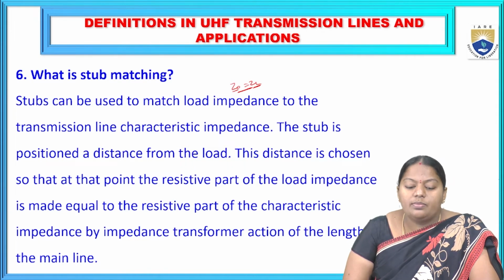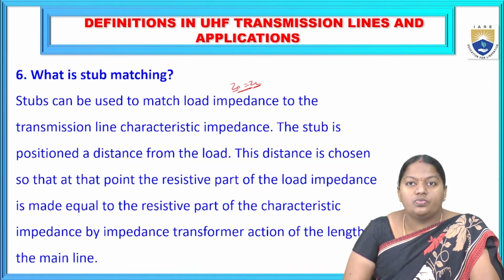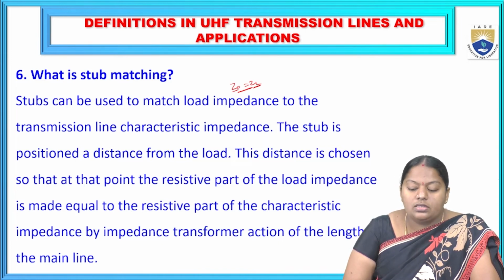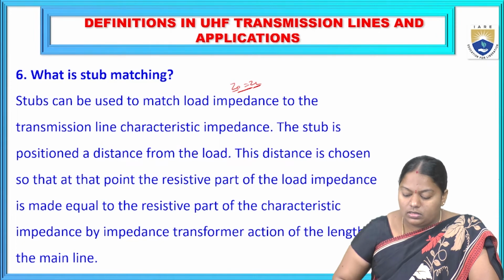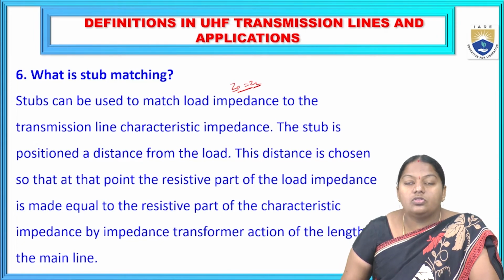Stubs can be used to match load impedance to the transmission line characteristic impedance, and they are positioned at a particular distance from the load, chosen so that at that point the resistive part of the load impedance is made equal to the resistive part of the characteristic impedance. Then the stub matching is formed in that particular case.